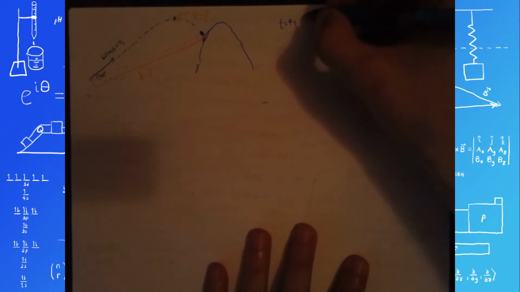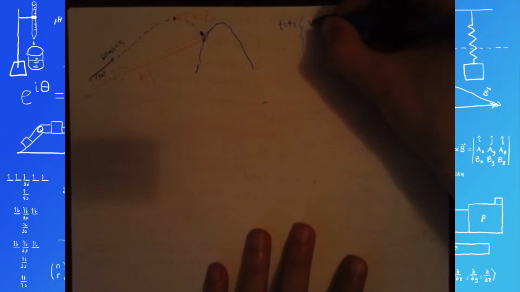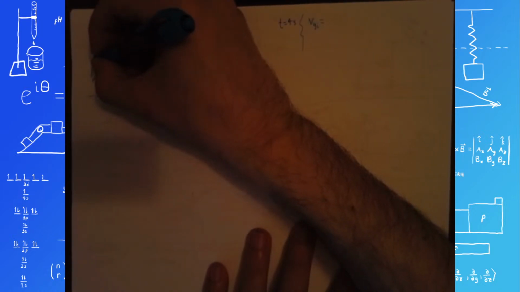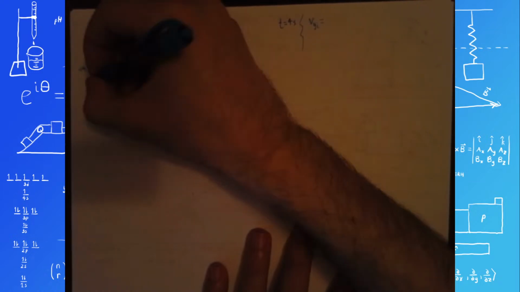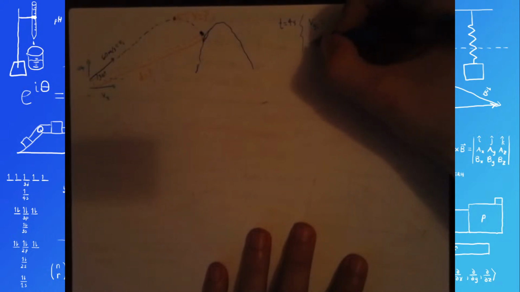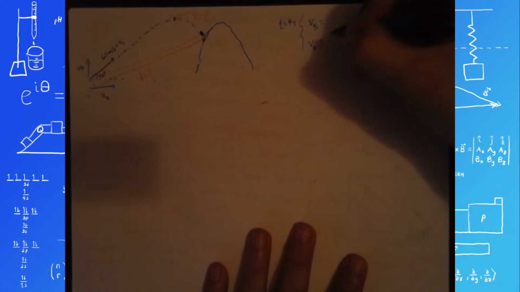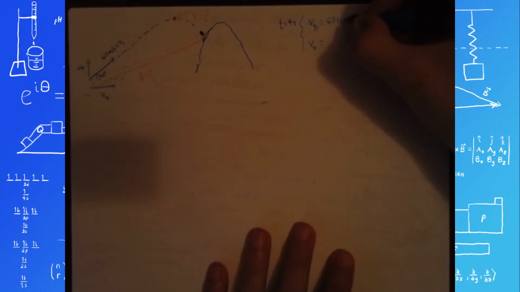So, let's start off the same way we usually do with our velocity components. I'm going to get Vy initial, which is going to be 60 times sine of 30, and Vx initial, or just Vx, is going to be 60 cosine 30.